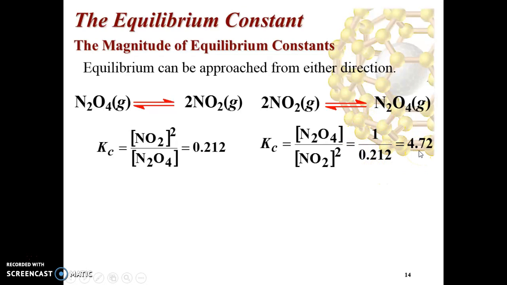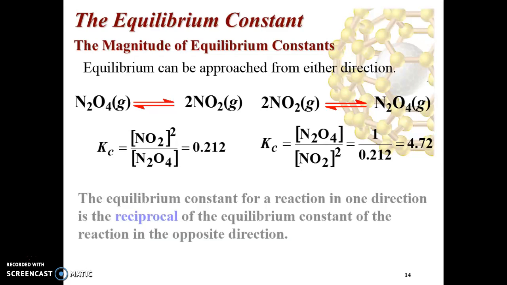So the equilibrium constant can be written inverted if you're talking about the opposite kind of reaction. So again, it's relative to how you write the reactants and products. Whatever's on the product side is going to be in the numerator. Whatever's on the reactant side is going to be in the denominator. And mathematically, the equilibrium constant is going to represent that appropriately.